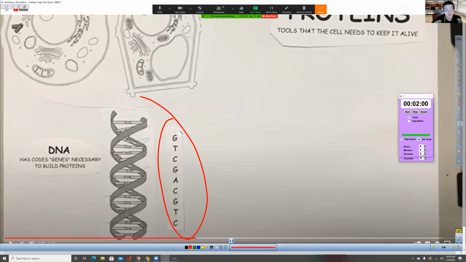It's a piece of DNA, but we call it a what? Code. It has codes. Yes, it does have codes, but what do we call it? Someone put it in the chat for her. What do we call this thing? Gene. It's a gene. Very good.